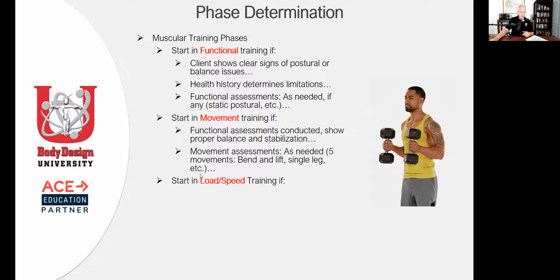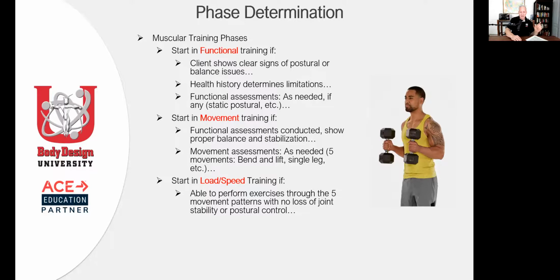Now, third part here: when do you start somebody in load speed training? Well, if they're able to perform exercises through the 5 movement patterns with no loss of joint stability or postural control. You'll notice on the question that was asked, you saw nothing about this, okay? Why? Because he's an avid golfer. What does that mean?